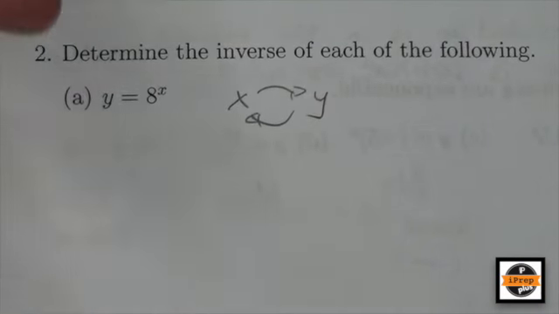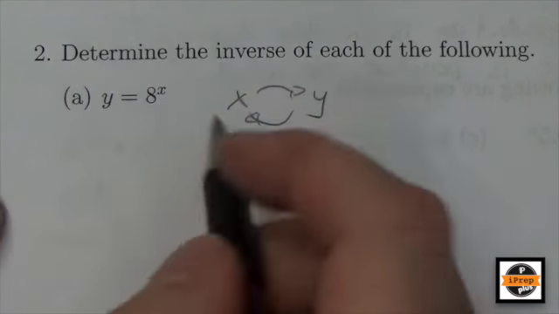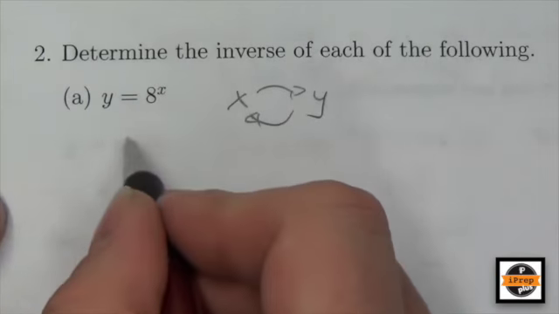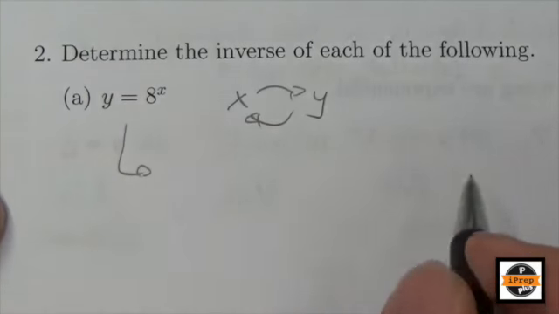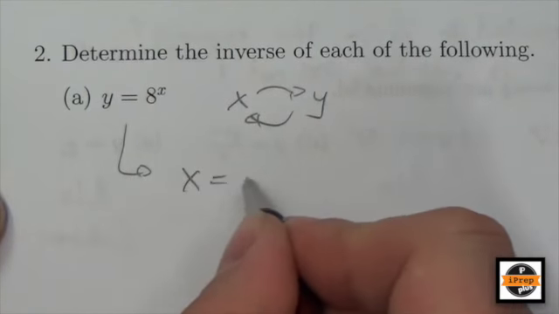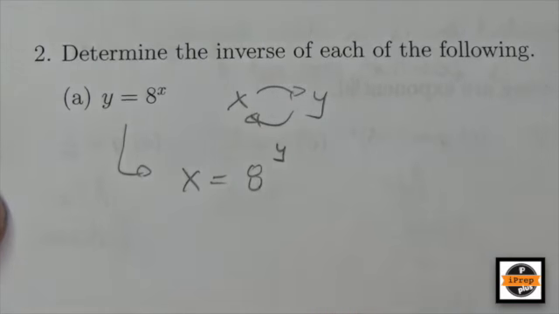If you think of a function as a machine that has an input and a corresponding output, then what we're doing is running the machine in reverse. Our output is now becoming the input, and we're going backwards. And so that's how we do this. So the inverse of this is going to become x equals 8 to the y.